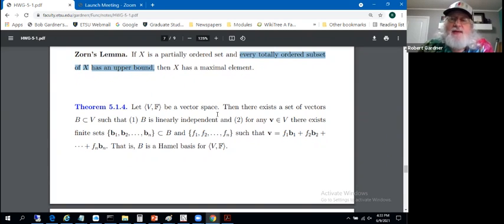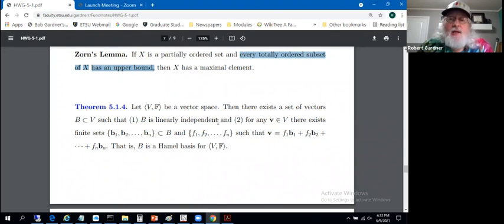Let V over F be a vector space, then there exists a set of vectors, B, a subset of the vector space V, such that first, B is linearly independent, and second, for any vector in the vector space, there exists a finite set of vectors, a subset of set B, and a corresponding finite collection of scalars, such that vector v is a linear combination of that finite collection of vectors from the basis with that given collection of scalars as coefficients. In other words, B is a Hamel basis.